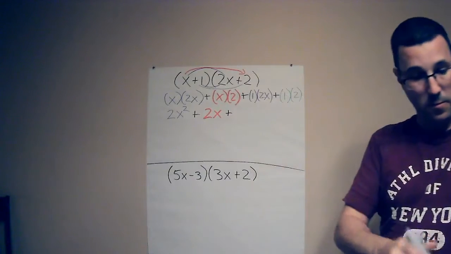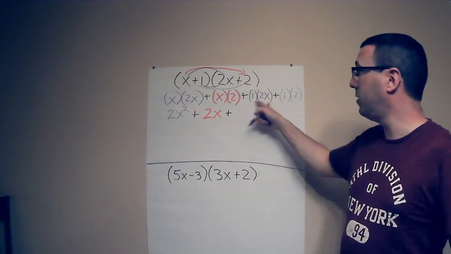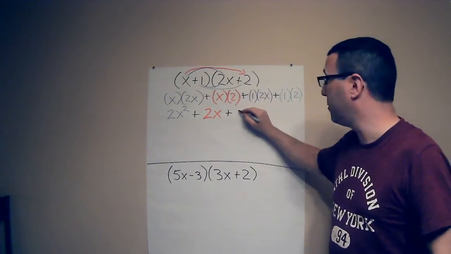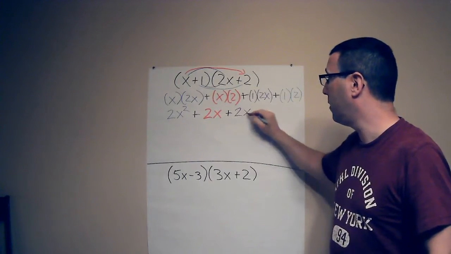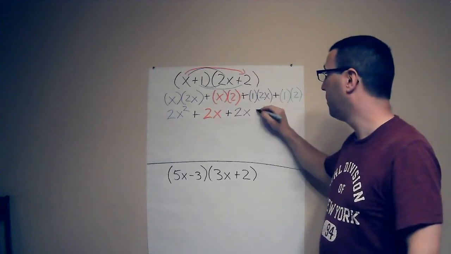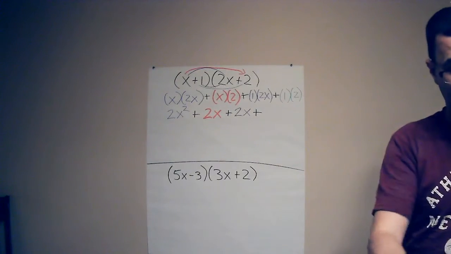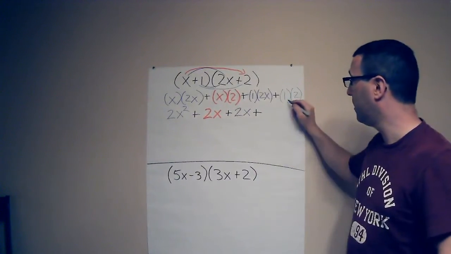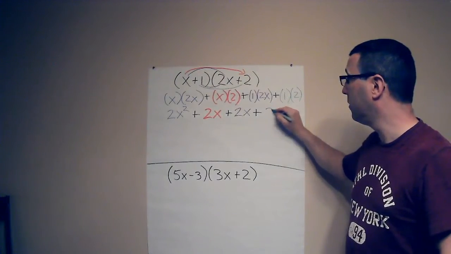Plus 1 times 2x is just going to be 2x. Plus, lastly, 1 times 2 is 2.